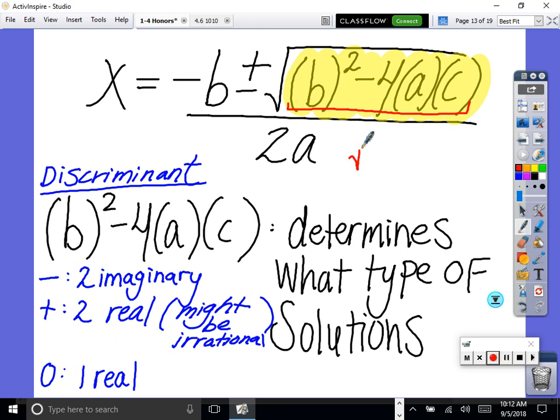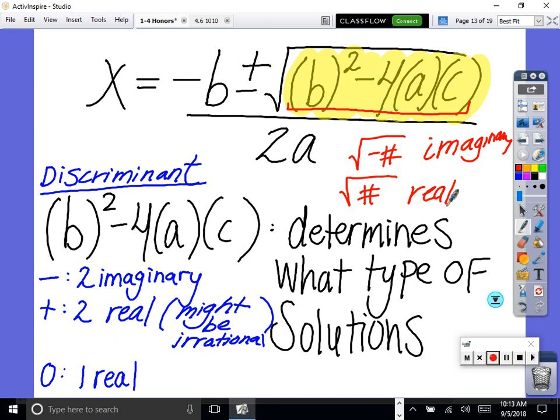If we have the square root of a negative number, won't they be imaginary? Yeah. So if I calculate this under here and it's negative, it's going to be imaginary. True. Now if we calculate this and it's a positive number, won't they be real? They're not imaginary, so they're real.